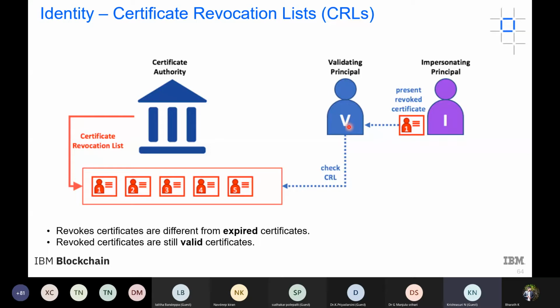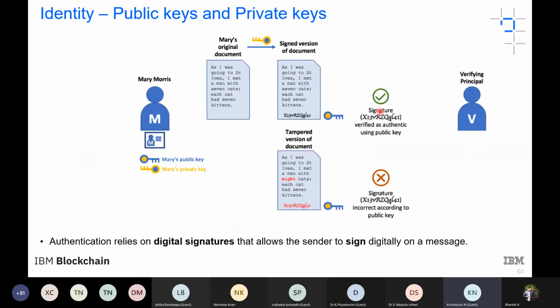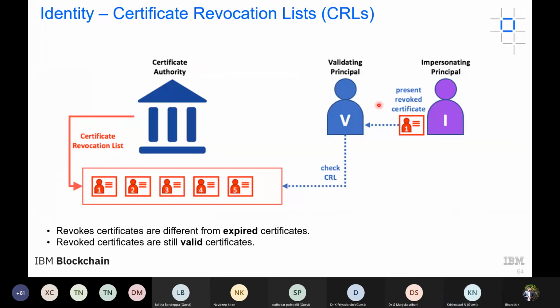The verifier will always reach out to the certificate authority to check whether the signature is correct or not. If you see here in this step, we are doing a verification process. In this verification, you will reach out to this CA internally. When it reaches out to the CA, it will compare whether this certificate is part of the revocation list. If it is part of the revocation list, validation fails.